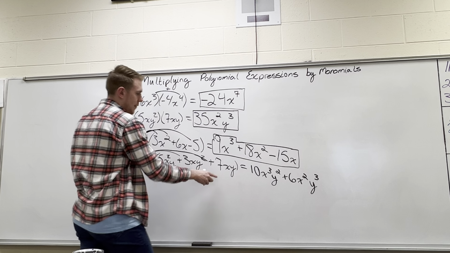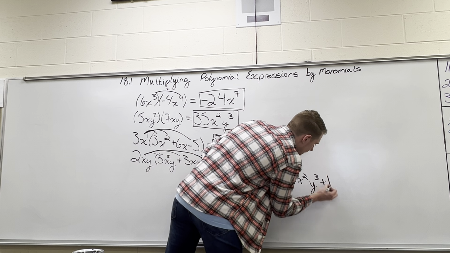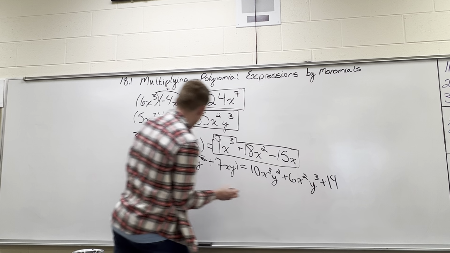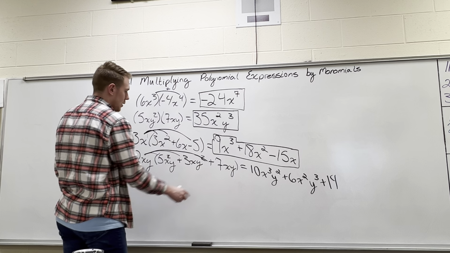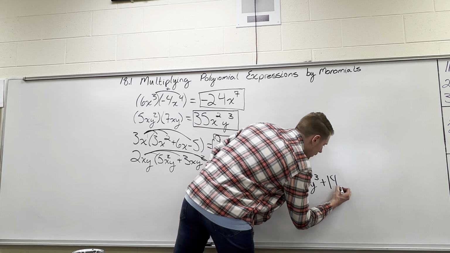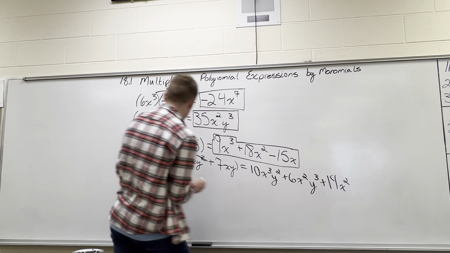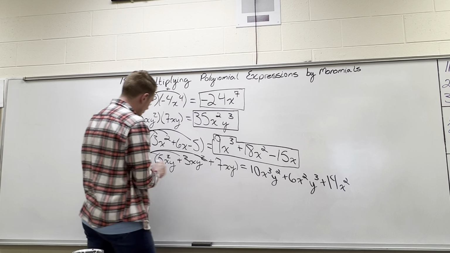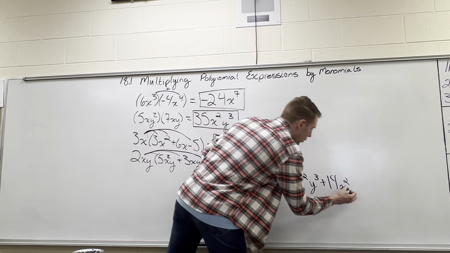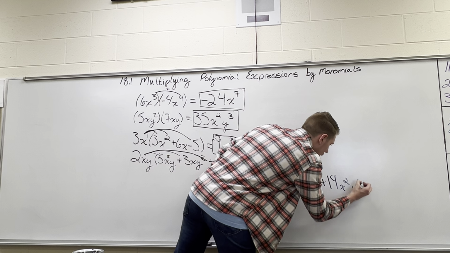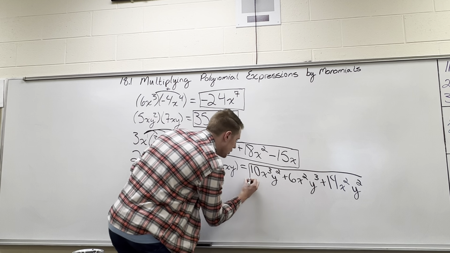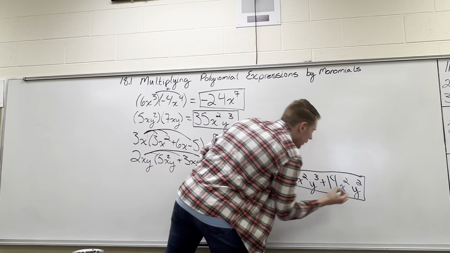And 2 and 7 is 14. X and x is 2. And y, 1 plus 1 is 2. Here is your new equation.